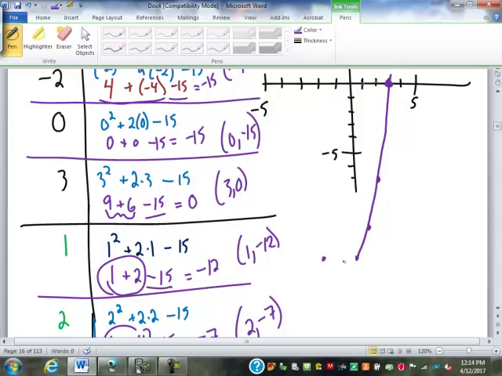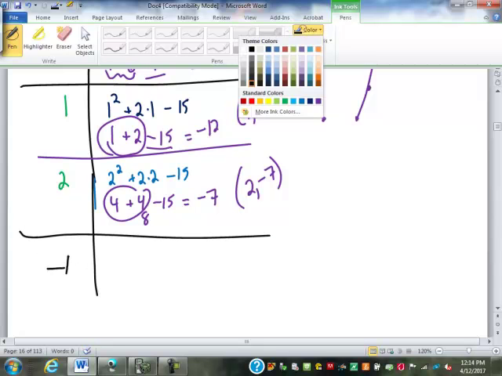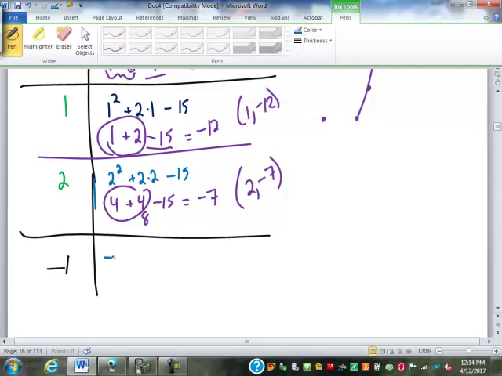So let's do negative 1, even though it's going to be off our graph. Let's do it and see what we find out. So negative 1, we're going to have negative 1 squared plus 2 times negative 1 minus 15. What's negative 1 squared? 1. 2 times negative 1? Negative 2.